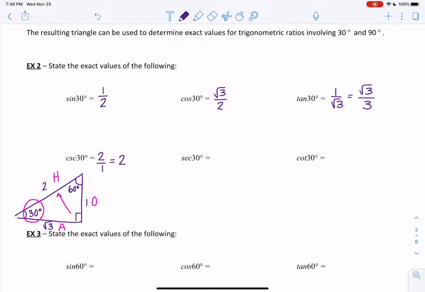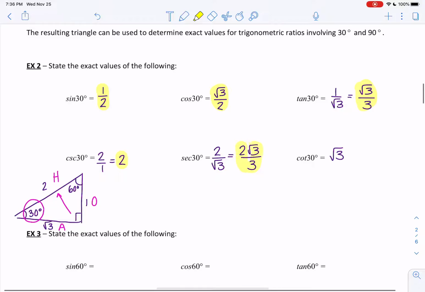Secant is hypotenuse over adjacent, so 2 over root 3, which is equal to 2 root 3 over 3. I'm just getting the radical off the bottom. And cotangent 30 is equal to adjacent over opposite, so we have root 3. So all of these are your exact values for 30 degrees.